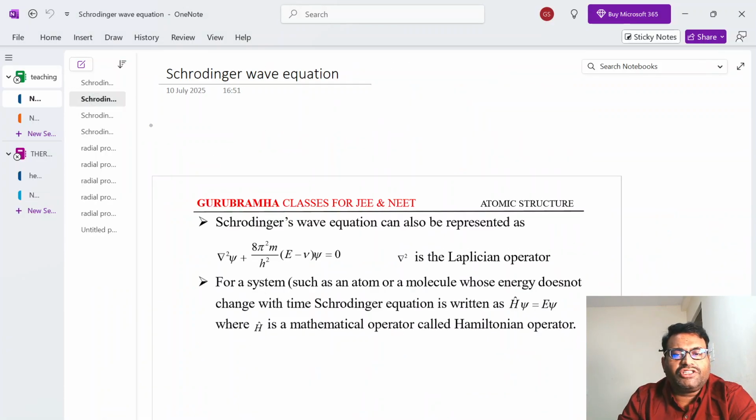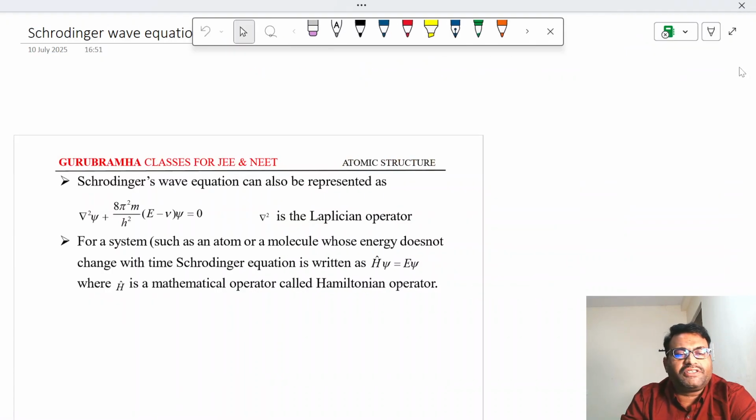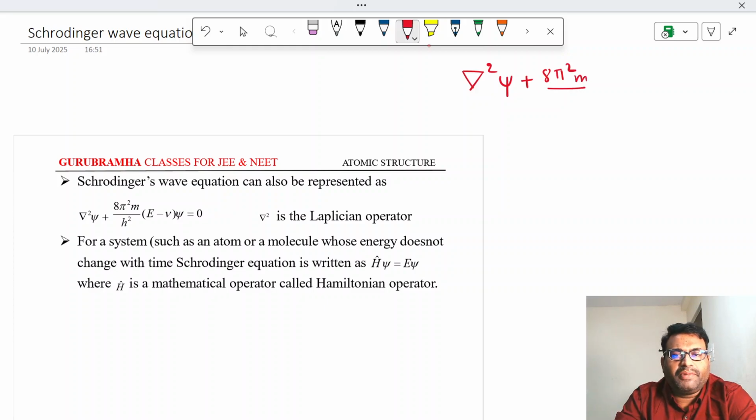Next, the Schrodinger wave equation can also be represented in another way: del square psi plus 8 pi square m by h square into E minus V psi is equal to 0.